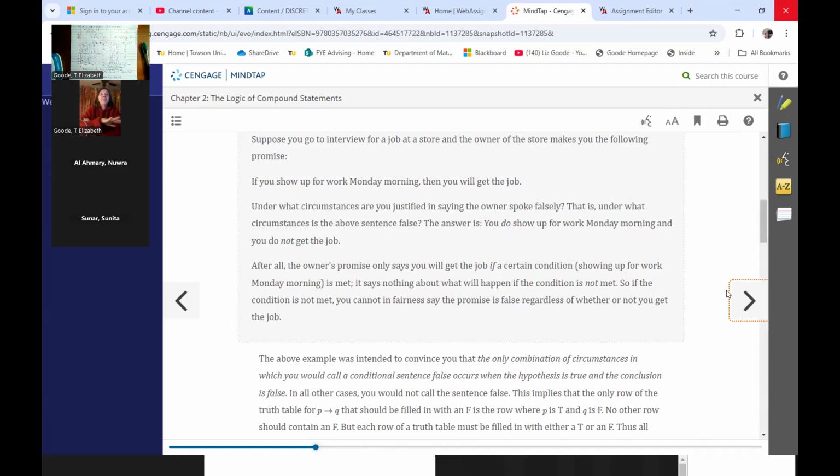But they are not logically equivalent, because if we call P, you show up for work Monday morning, and Q, then you'll get the job, the statement that the owner said was if P, then Q. But that doesn't mean that if not P, then not Q follows. That would be the inverse. If you don't show up on Monday, then you won't get the job. That's the inverse of if P, then Q. And the inverse is not logically equivalent to the original. That's the point that they're trying to make there.